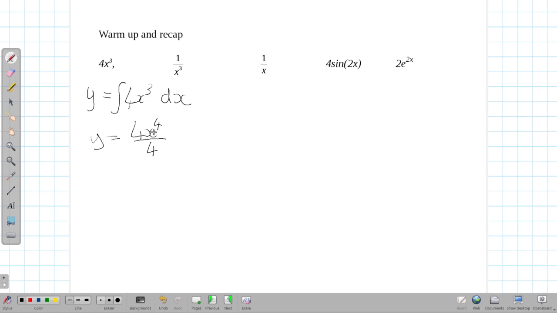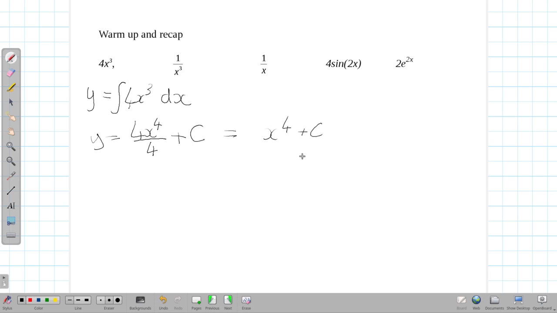This time, we do the opposite function in the opposite order. So it's going to be a divide by 4. And then don't forget your C to remind you about any constants that have been missed out. If I simplify that, we will get x to the 4 plus C.